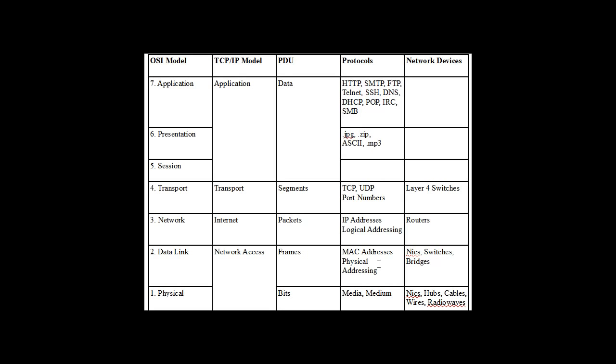All right, and then here at layer 4, I've put layer 4 switches. There is such a thing as a layer 4 switch, which is basically a switch and a router put together. It has ports for switching, and it also has router capabilities, interfaces for routing data out of different networks. Also, we have devices called firewalls.